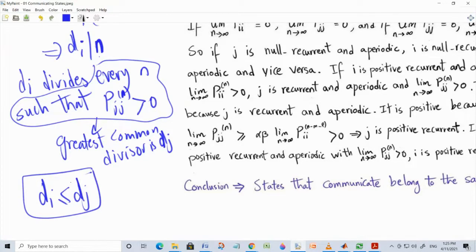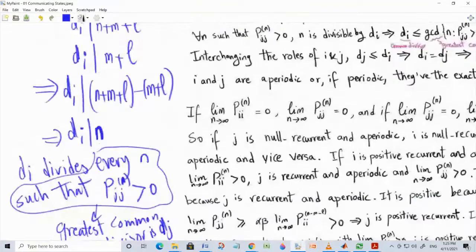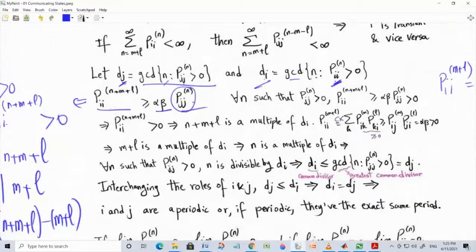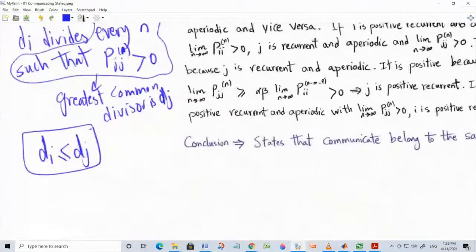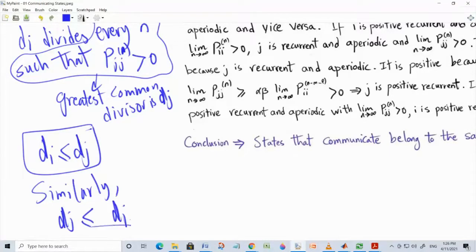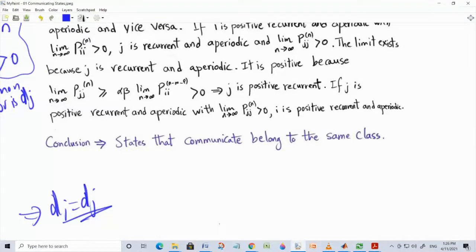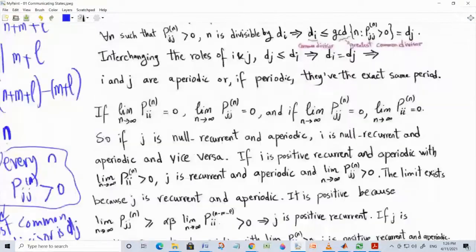But again, the argument can be reversed. Here we started using this inequality, but remember that we can swap the roles of j and i as above, and so similarly you can show that d_j is less than or equal to d_i, and hence d_i is equal to d_j. So for communicating states in the same class, both are aperiodic, or if they are periodic, they share the exact same period.